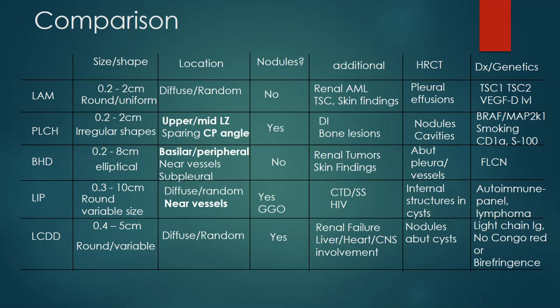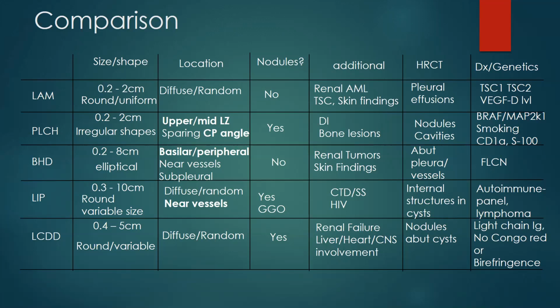And then additional findings can also help. So in terms of doing a full examination of the patient, skin examinations and evaluation of renal involvement can be helpful. Last thing in terms of the high-res CT, in LAM, chylothoraces I've seen a lot, so those pleural effusions.